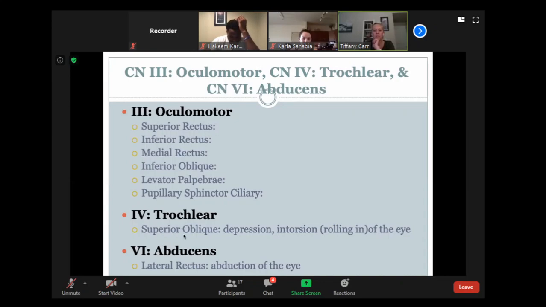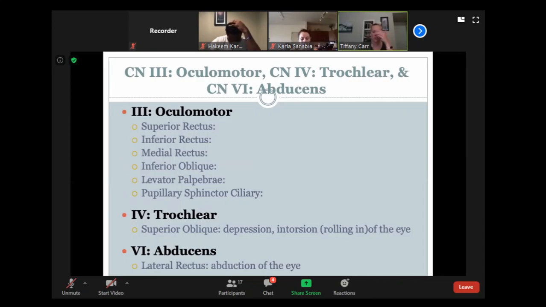Then you have the superior oblique, and this is the one that is the lateral inferior muscle. I had a hard time connecting in my head why it's called the superior oblique. It's because it's going to run around the eye and work on that intorsion of the eye.